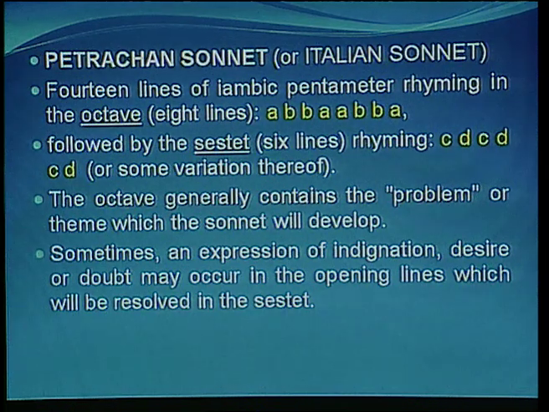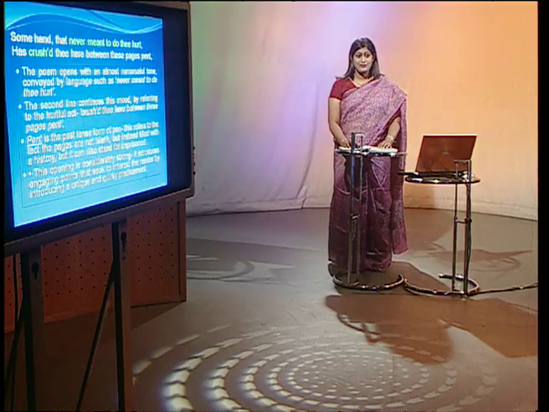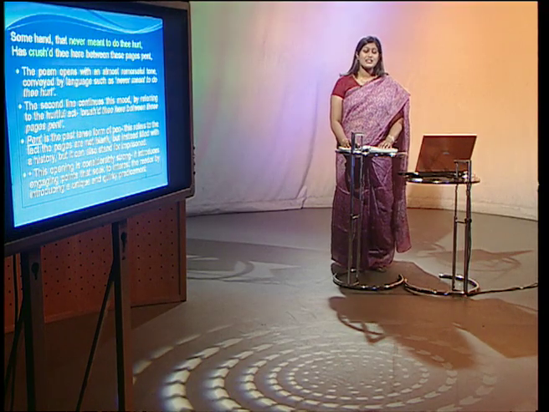The octave generally contains the problem or the theme which the sonnet will develop. Sometimes an expression of indignation, desire, or doubt may occur in the opening lines, which is then resolved in the sestet.